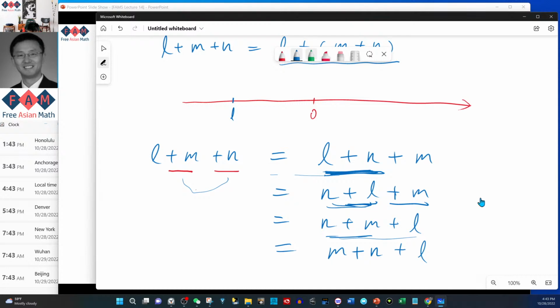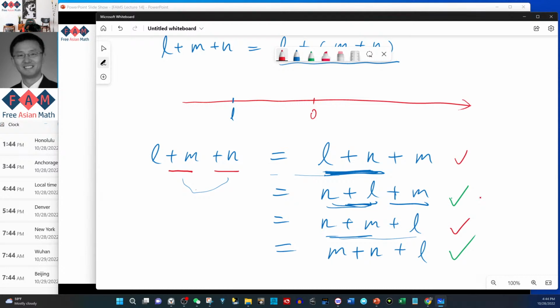So this step and this step are both directly using the commutative law, while for this step and this step, we are using the argument that when you have two back-to-back addition operations, it doesn't matter which one goes first. That is just an intuitive explanation.